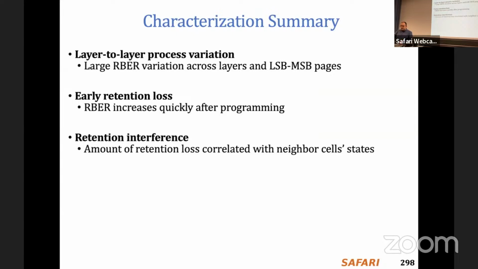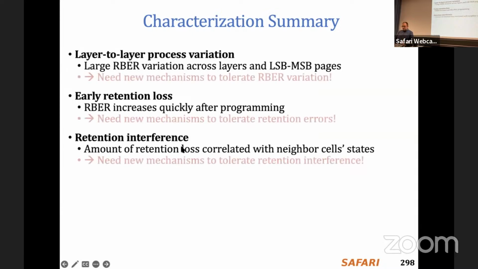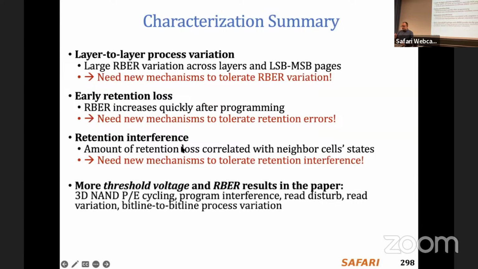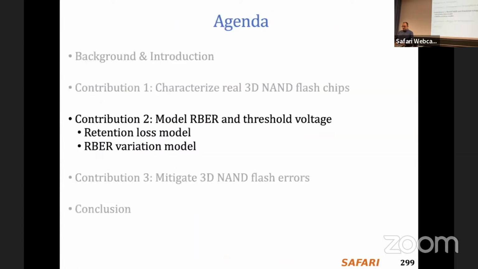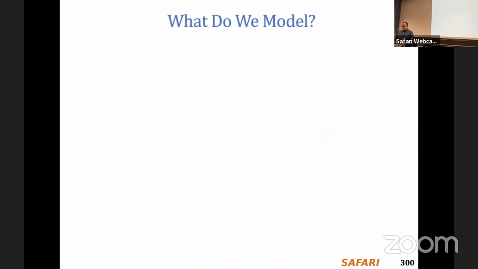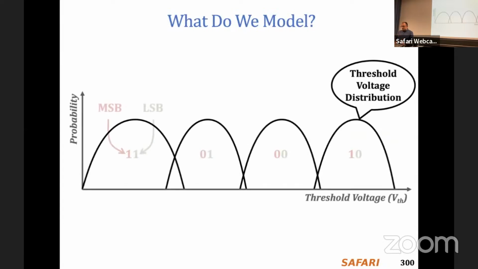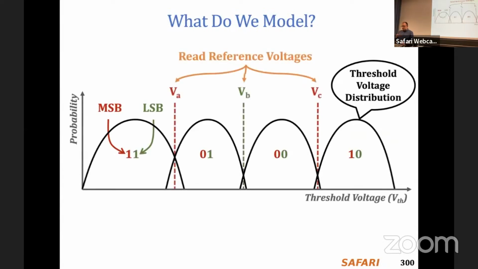So we have this layer-to-layer process variation. We have early retention loss, and we have retention interference. That amount of retention loss is correlated with neighbor cell states, which, as I said, you should read the paper for more detail. And we design mechanisms for all of them. So we design models. I'm not going to cover models again. The methodology is very similar to what we have done for 2D planar, because overall things are similar.